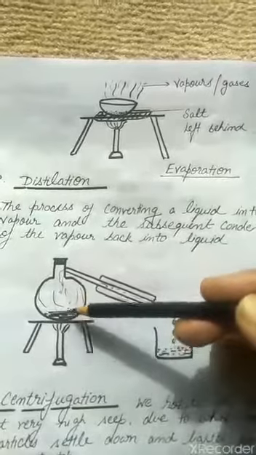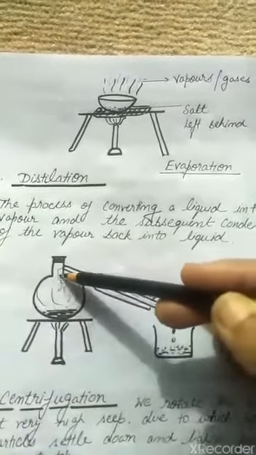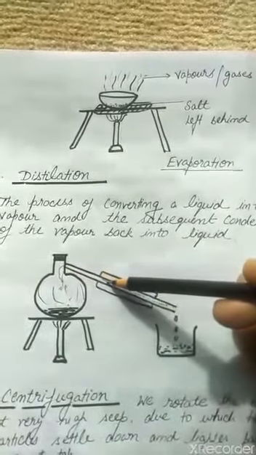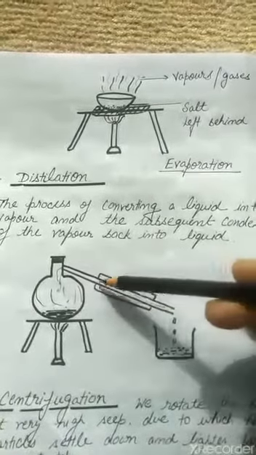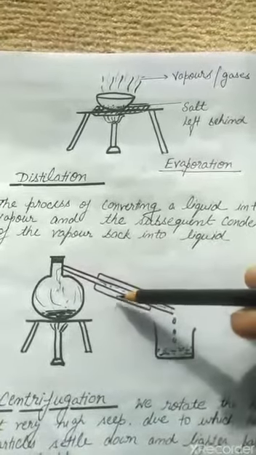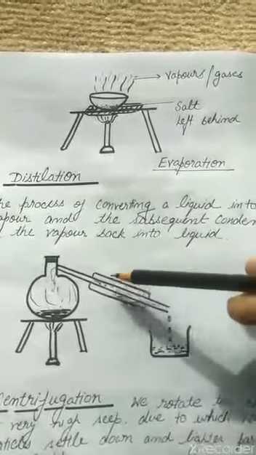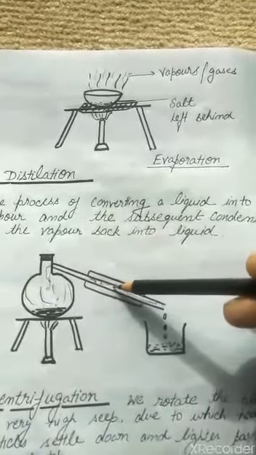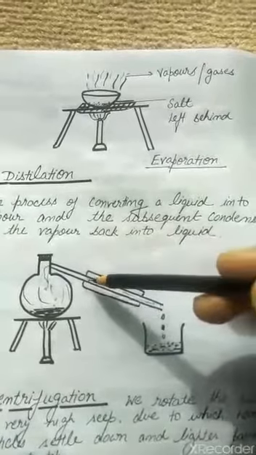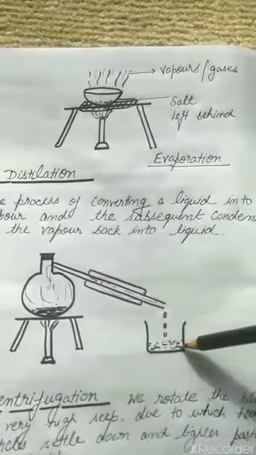When it starts heating, the liquid gets converted into vapors, and when vapors are passed through the tube, there is a coverage, or we can say a jacket of cold water here, due to which the vapors are condensed down, and the condensation process takes place. Slowly the vapor is converted into liquid and can be collected separately.